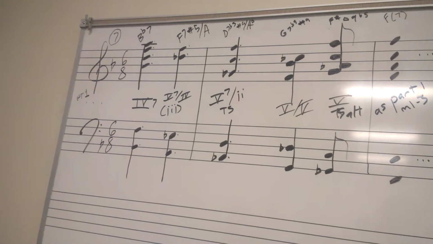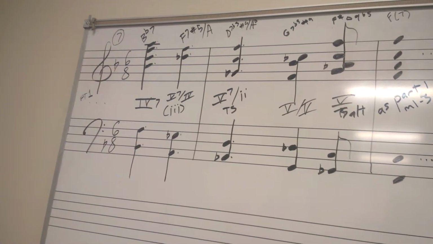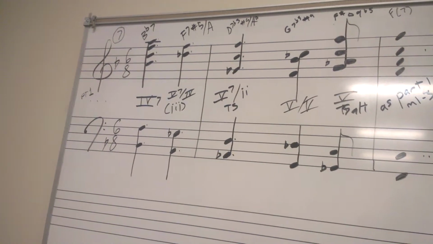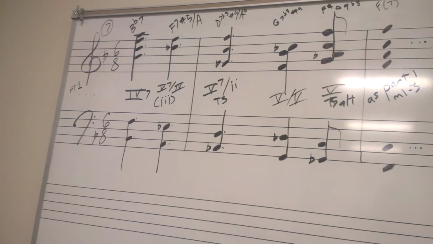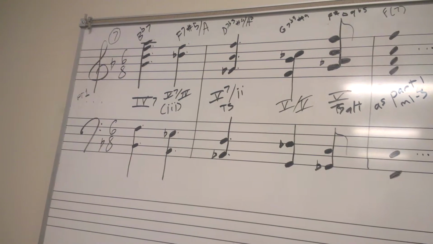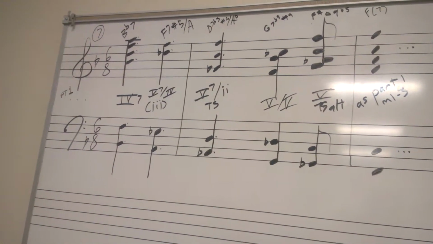Now, if you move the 7th up a half step, you have an F7, F sharp 7, but you raise the 7th scale degree. So it's no longer an F sharp 7. It no longer contains the flat 7. You have an F sharp major 7.